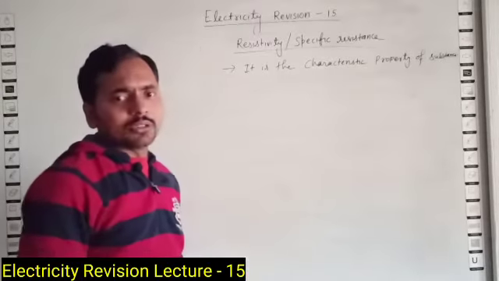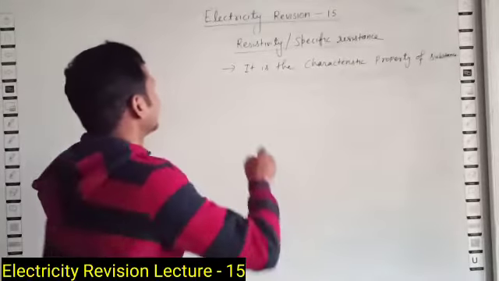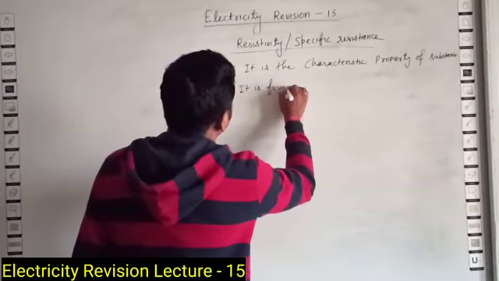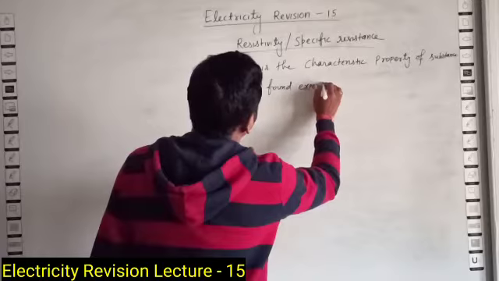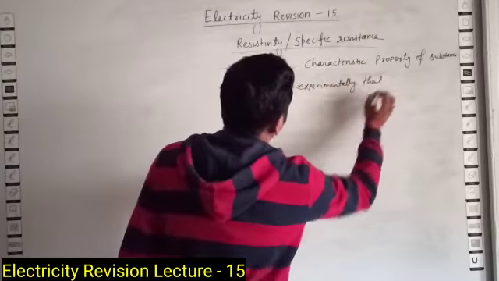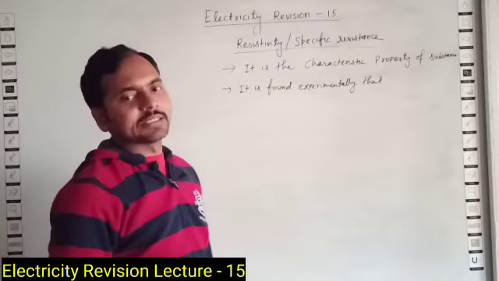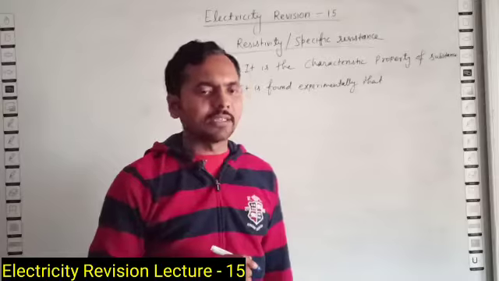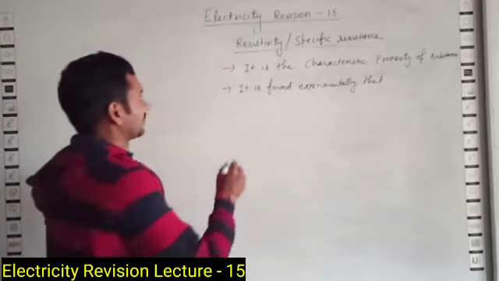It is found experimentally that the resistance of a given conductor is directly proportional to its length.